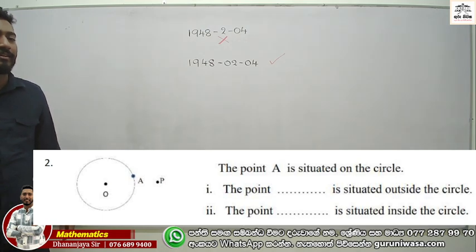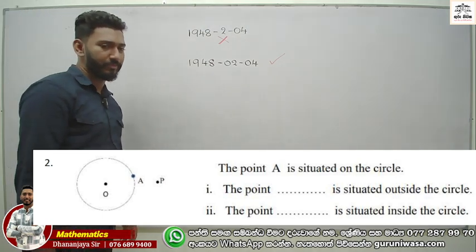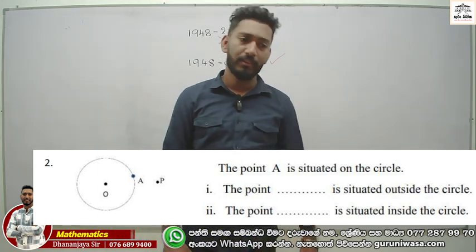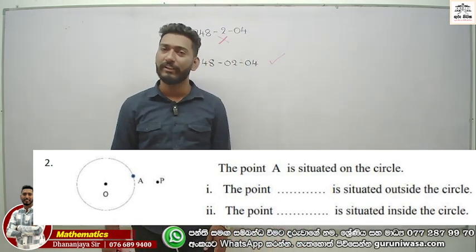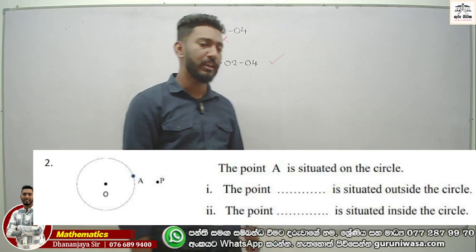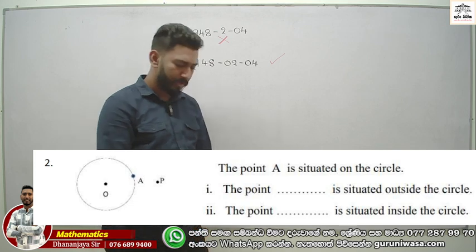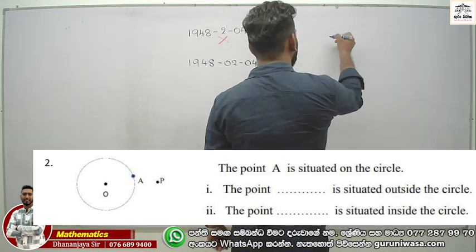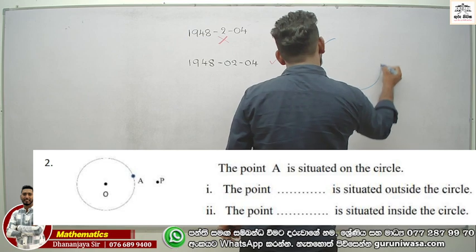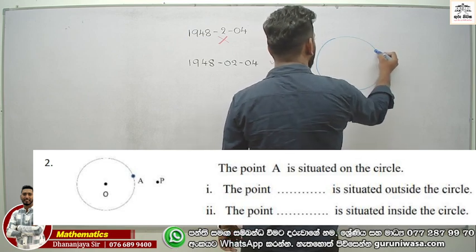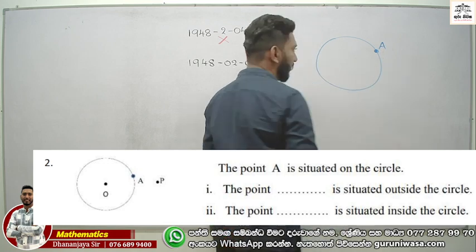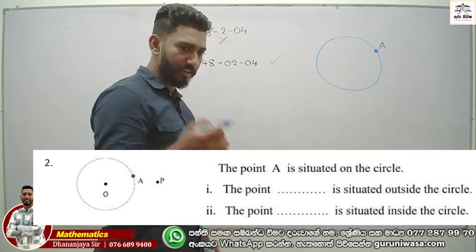Second question. The point A is situated on a circle. Circle එක උඩ තමයි A කියන point එක තියෙන්නේ. This is a circle. Now A lies on the circle.